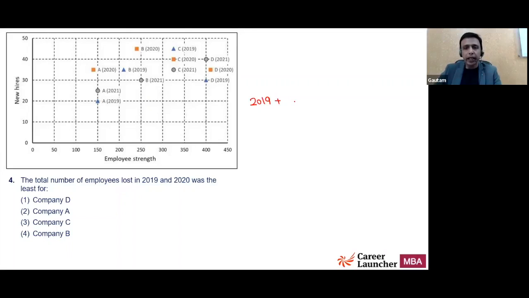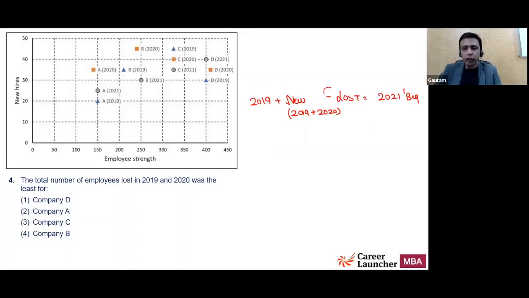Then there would be some new hires in 2019 and 20. And this minus the people who have left the company would be the final figure at the beginning of 2021.